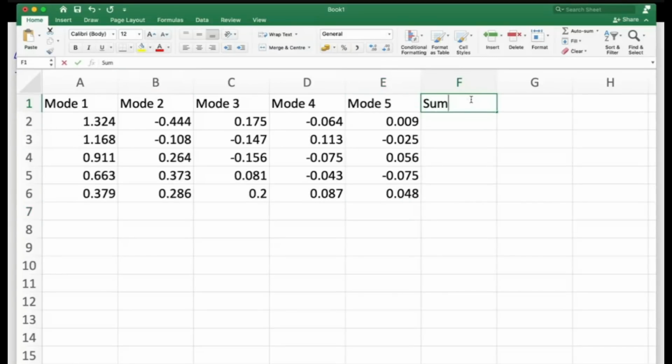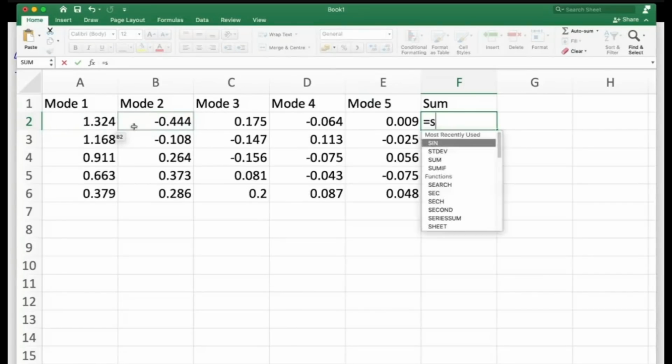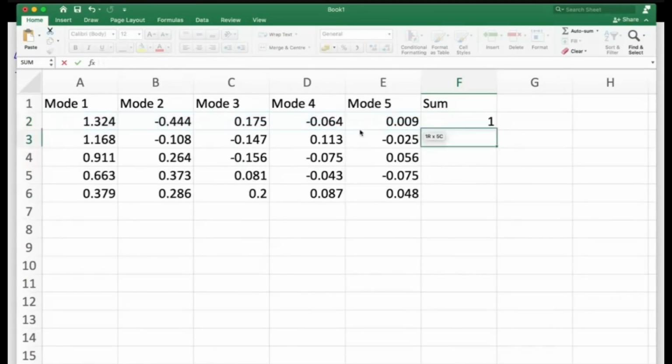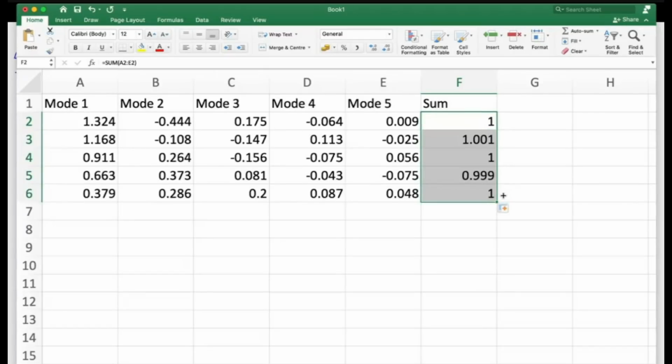Now let's sum them. So this is the summation. Okay, so if you sum all across the various modes, you get 1 here. And let's track this formula.